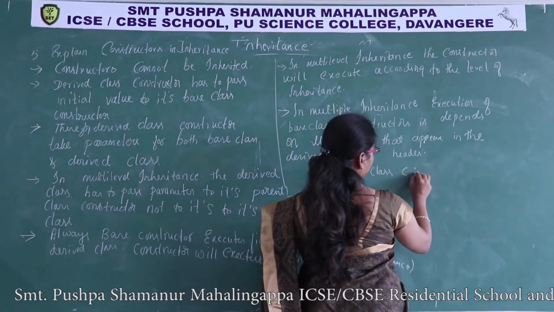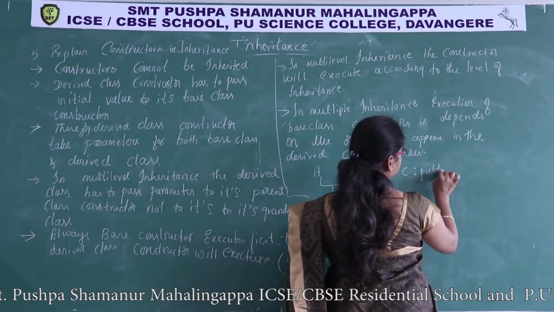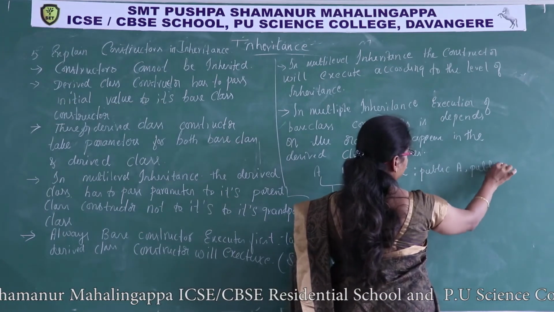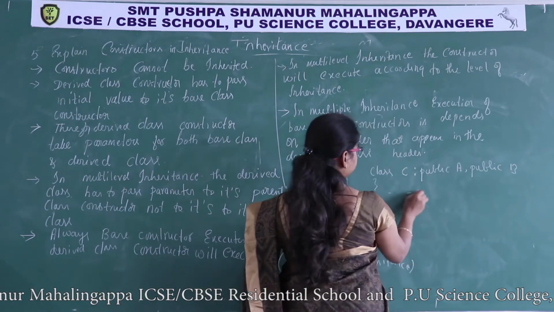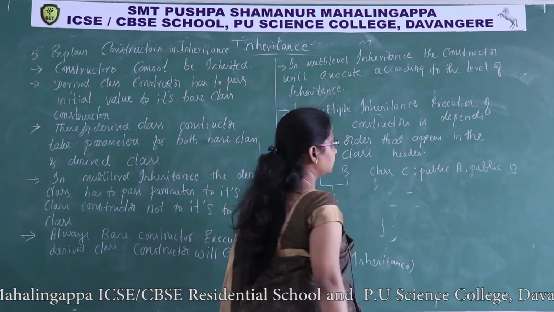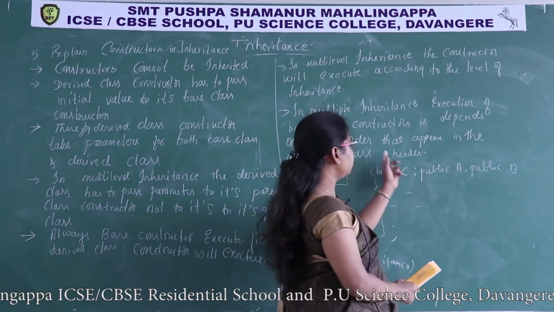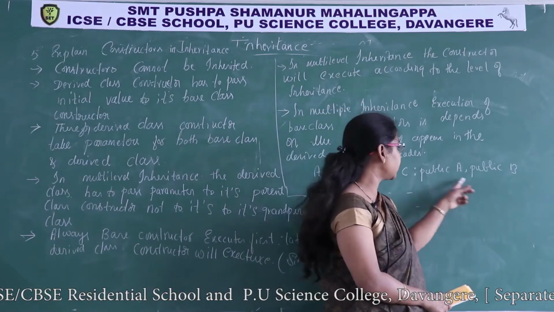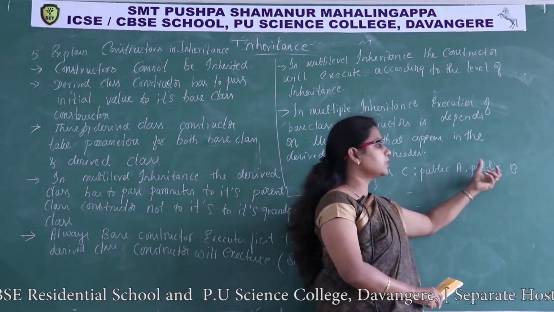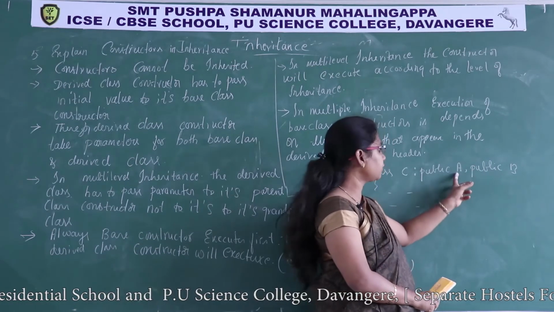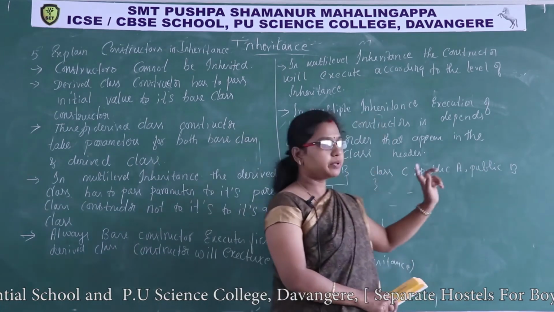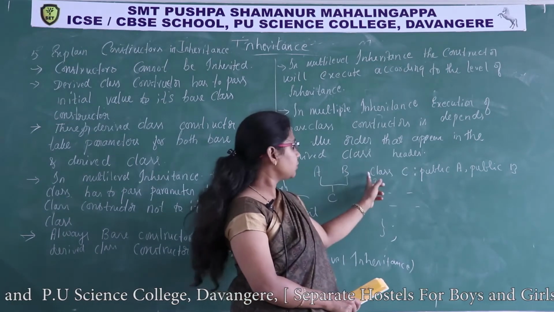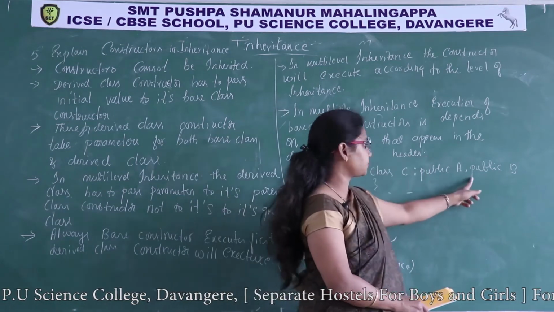Class C colon public A comma public B. See here, the order that appears in the derived class header: first A is there, then B is there. If you take B first, then the class B constructor will execute, then the class A constructor. So the order means like this.